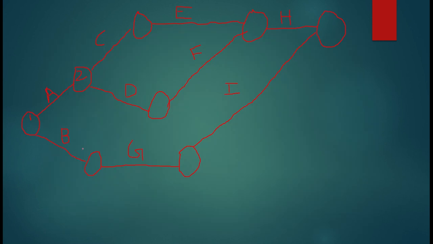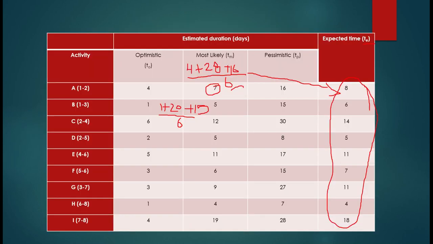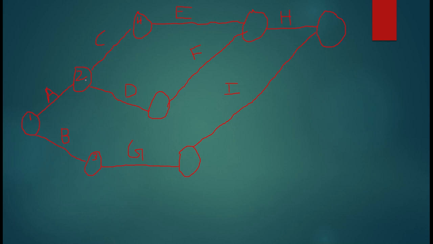Then B is 1 to 3. So this is 1 and this is 3. Then next, C is 2 to 4. So this is 4. D is 2 to 5. So this is D, 2 to 5.